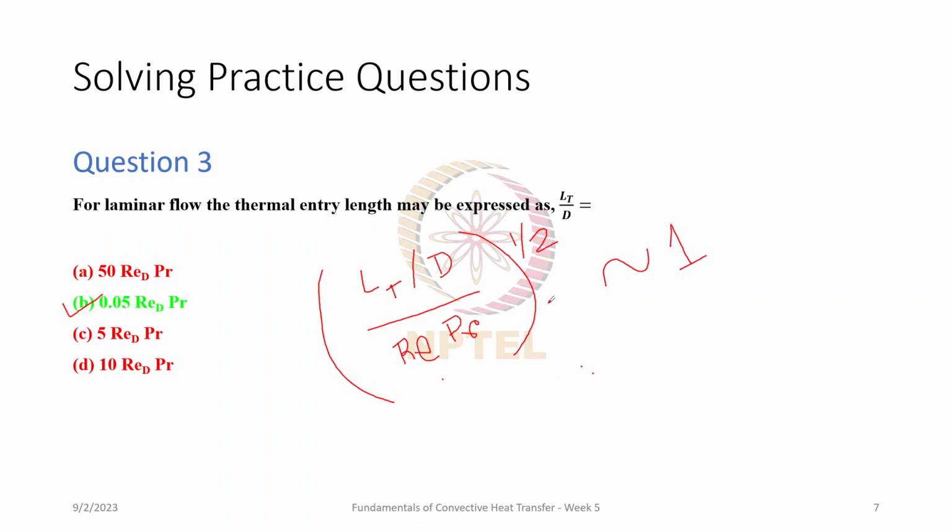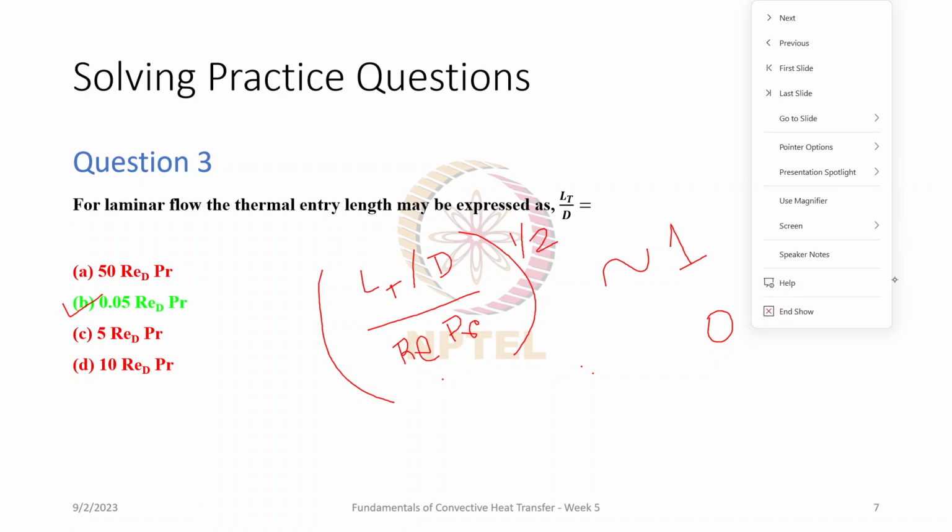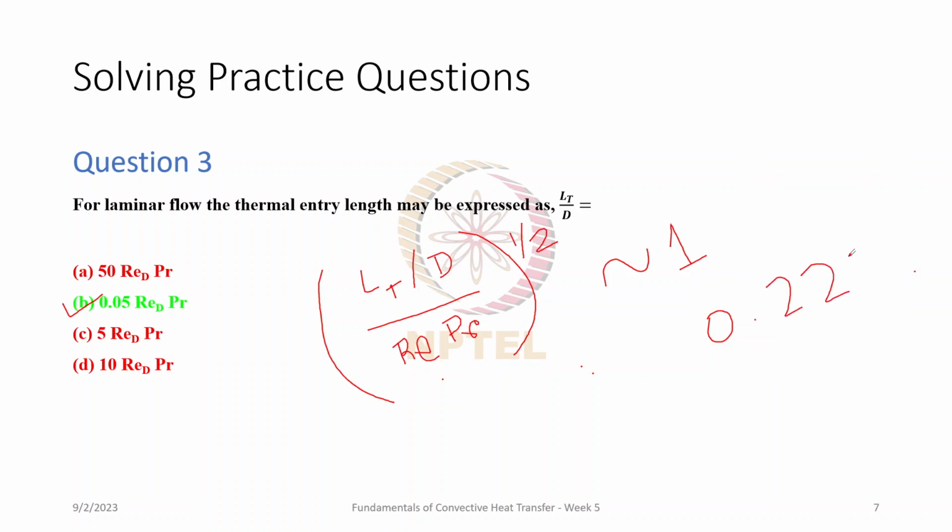So this is what we can predict from the scaling analysis, but from a real analytical solution of it, or even experimental or numerical studies, it has been found that this value is actually not 1, but 0.223 something, and if we square it, then this becomes 0.05 something.